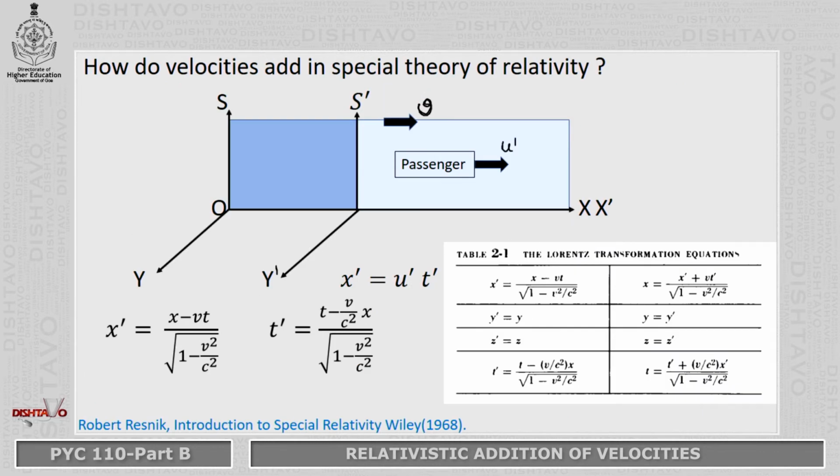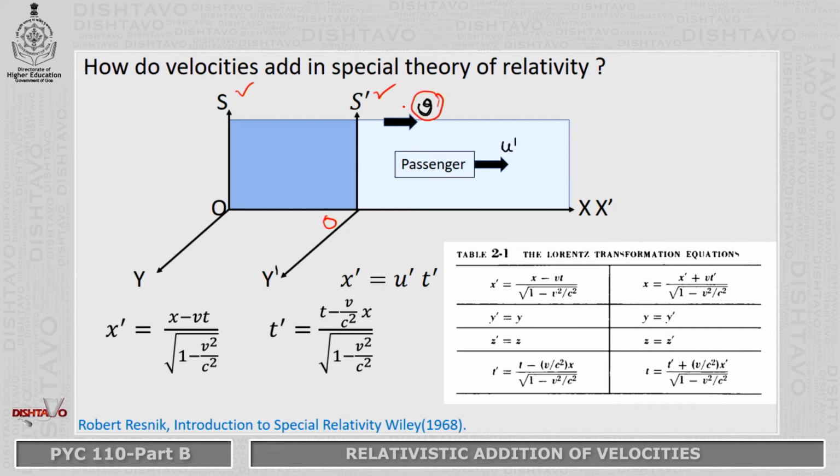Now, how do velocities add in the special theory of relativity? For that purpose, you have to take two frames of reference, S and S prime. These are inertial frames of reference.